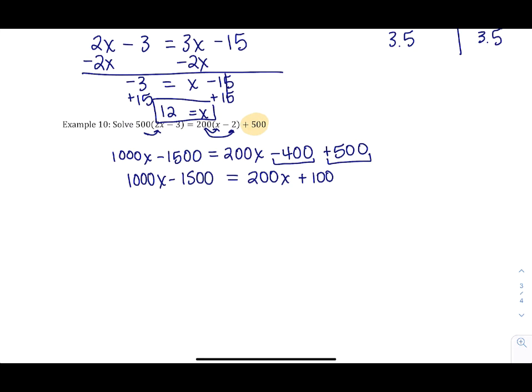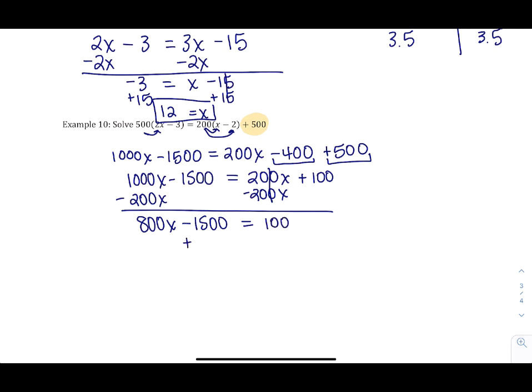Now I'm going to use my operations on both sides in order to get things to cancel. So I'm going to subtract 200x from both sides, leaving me with 800x minus 1500. The 200x cancels, and then I bring down the 100.